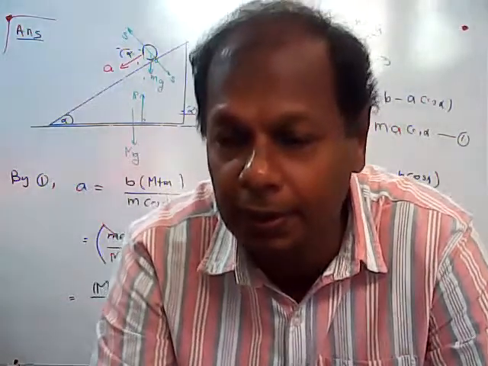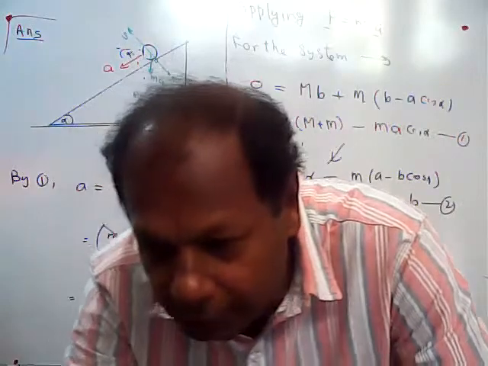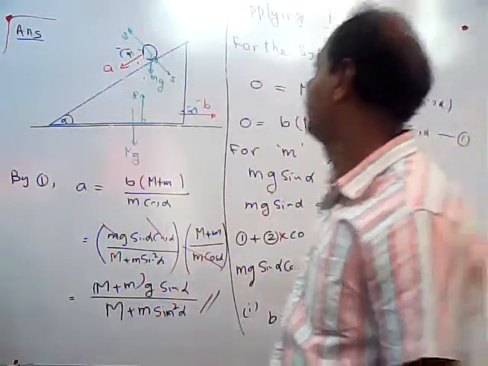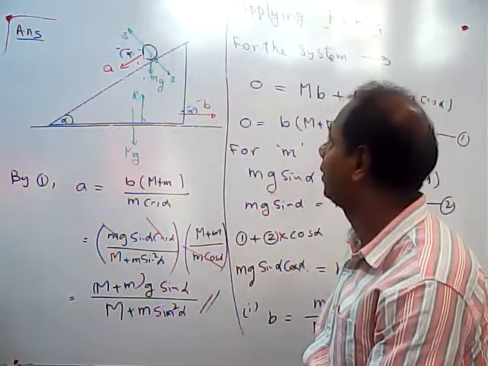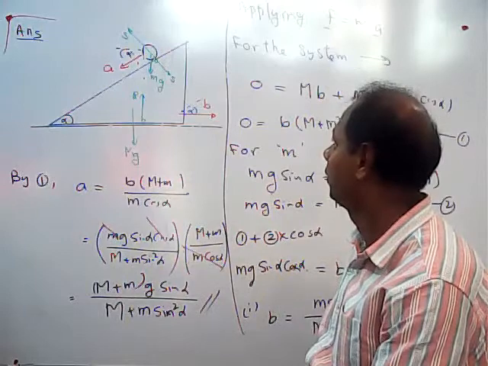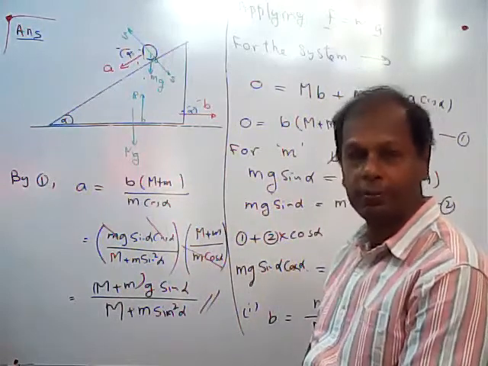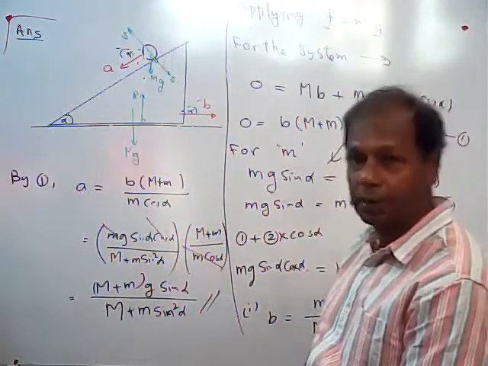You are saying applying vertically to the particle, S sin alpha minus N equals. Okay, you can do it. That's also an option. There are many options.